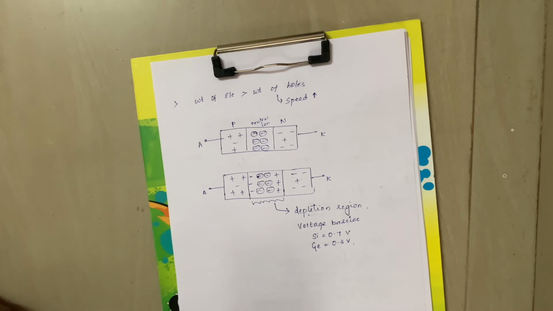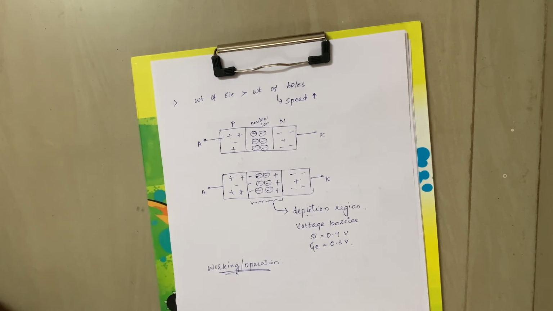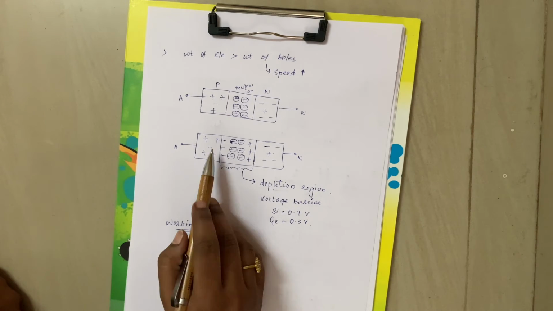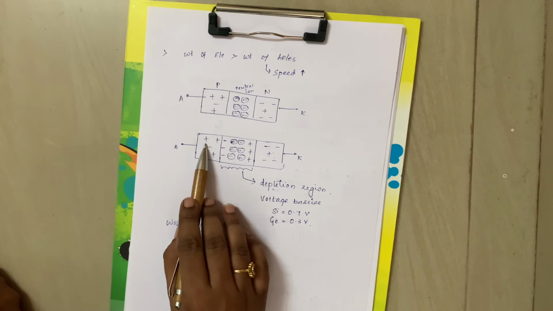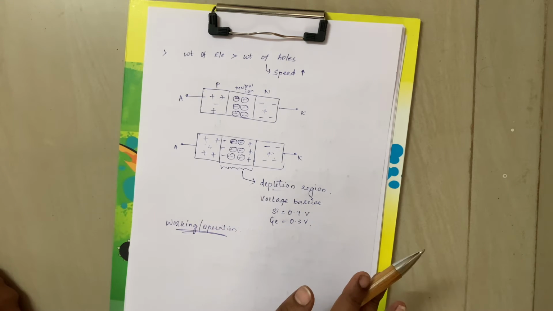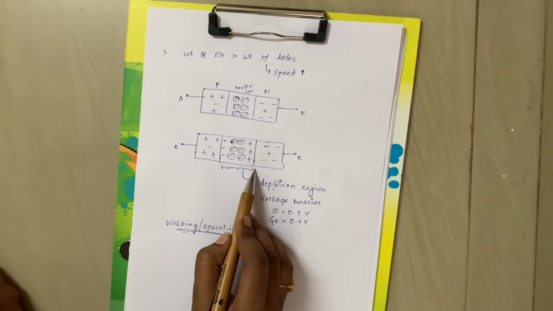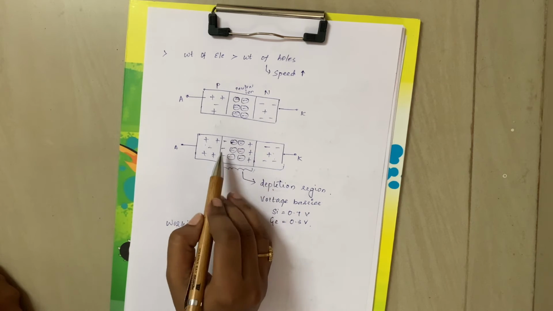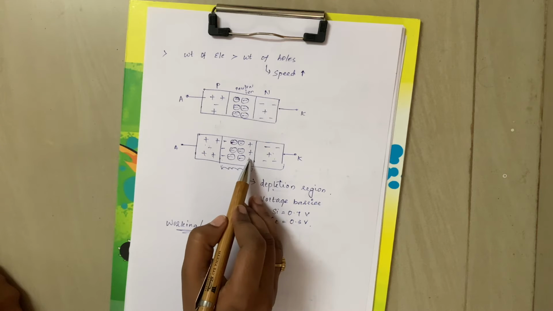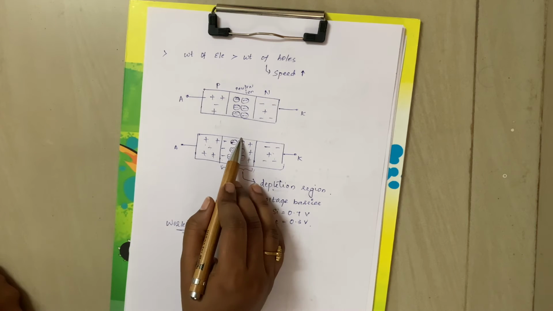So next is working, or you can simply say operation of PN diode. See, here the movement of electrons and holes gets stopped permanently, and there is a depletion region where one side has electrons, the other side has holes, and in between it is a neutral particle.